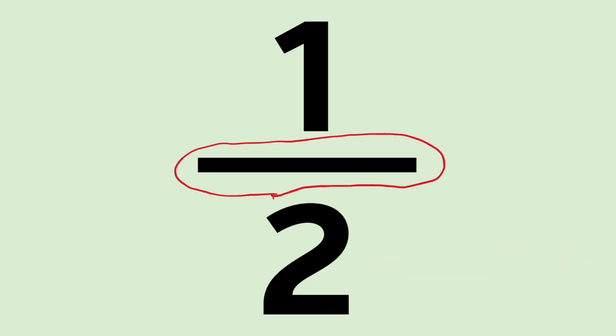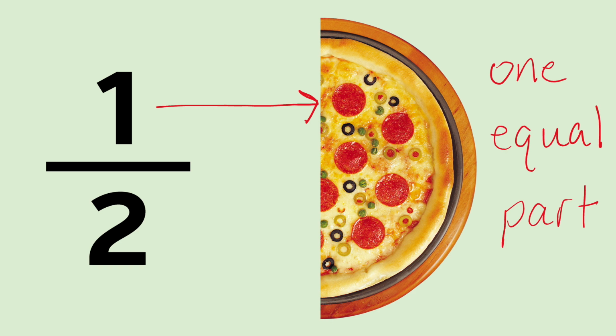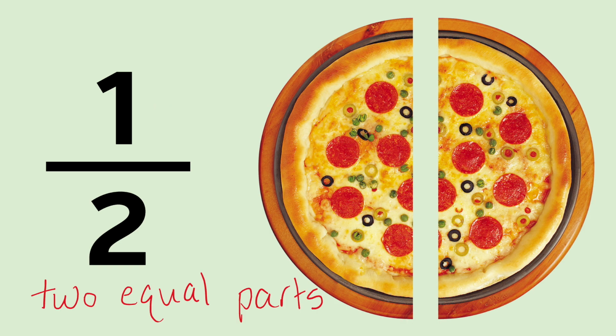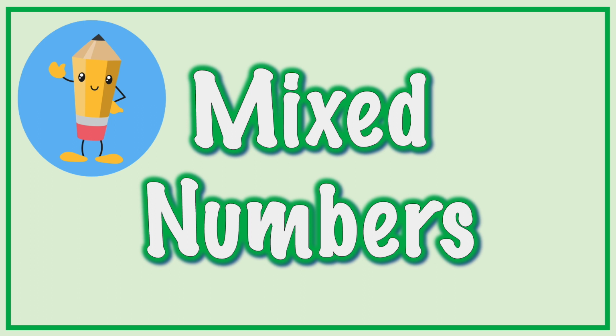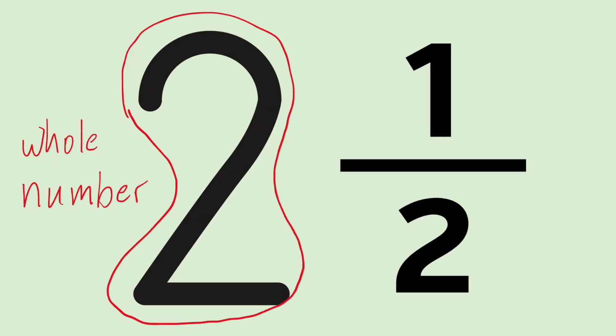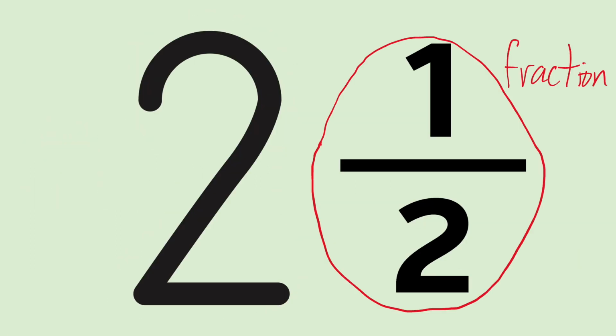The line between is usually called a fraction bar or line. The numerator tells us how many parts we have. The denominator tells us how many total parts there are in the whole. We can also have what are called mixed numbers. Mixed numbers have a whole number and a fraction with it.